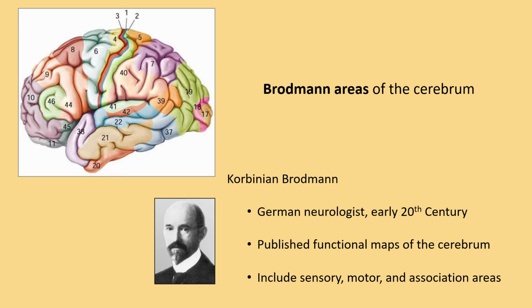He published functional maps of the cerebrum that allow scientists to have a common language for talking about specific locations in the cerebrum. So neuroscientists might identify their work as pertaining to Brodmann area number 46, or Brodmann area number 7, or Brodmann area number 19.